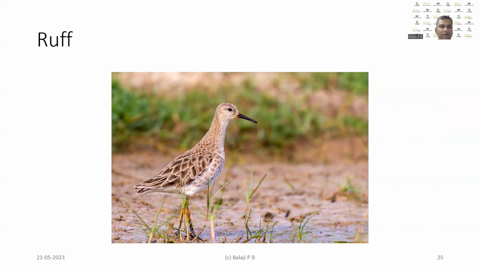A combination of a larger body and a short beak is only there in the ruff. So that's how you tell a ruff from the other sandpipers. The beak proportion will be very similar to the stints, but the stints are very small birds. Ruff is a fairly medium-sized bird.